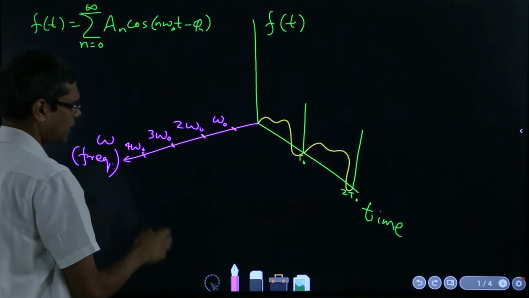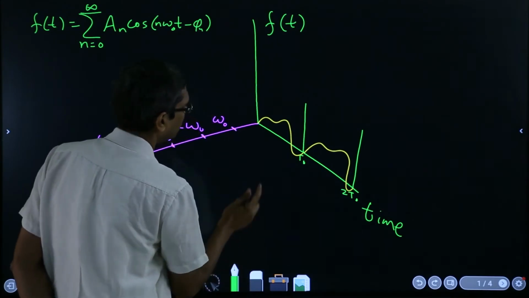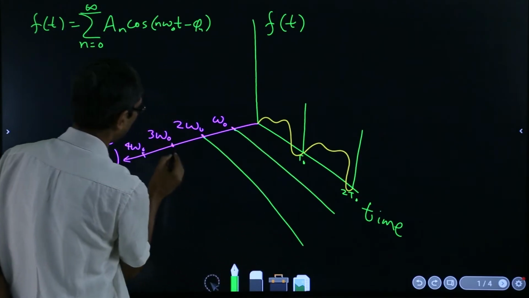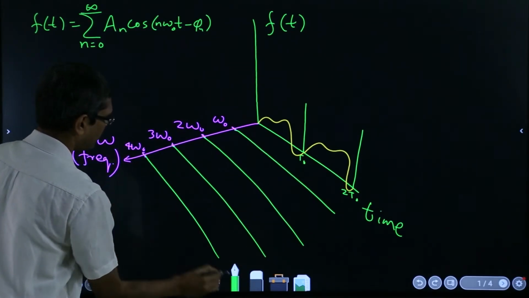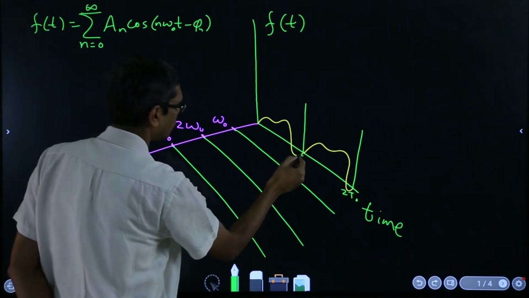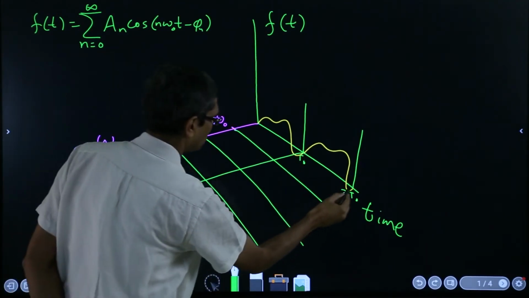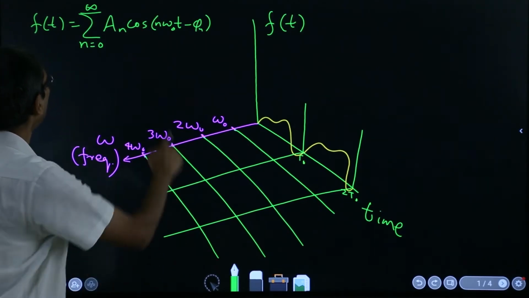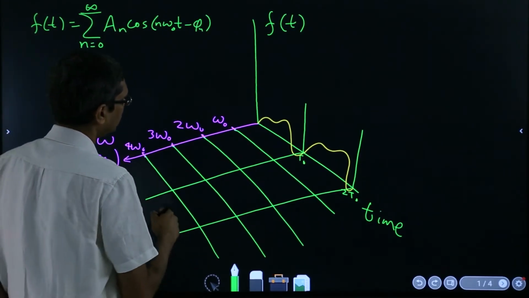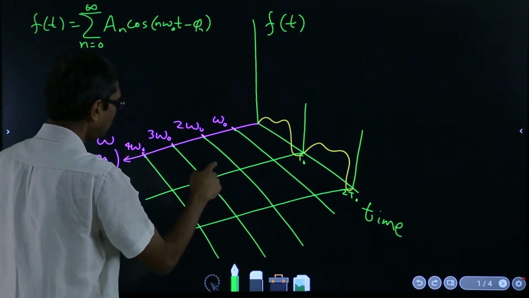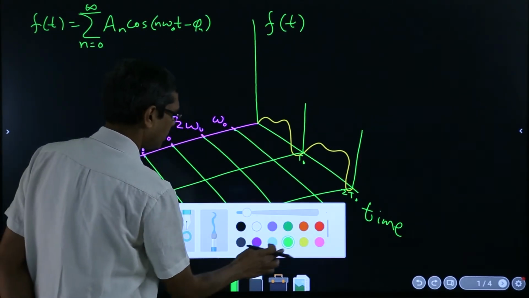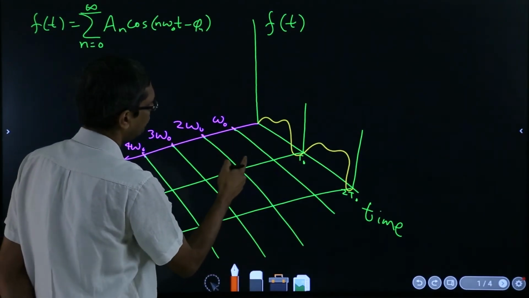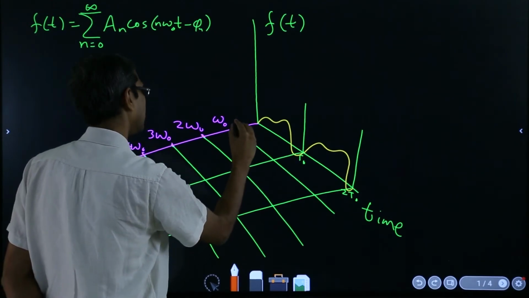Now at every such location, I draw a time axis like that, and let me also draw the periods corresponding to them. What this equation tells you, for n equal to 1, supposing it's a cos function, is that I draw a cos function whose period is this much.